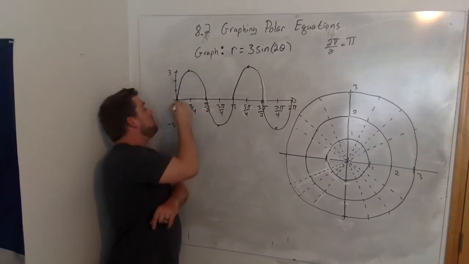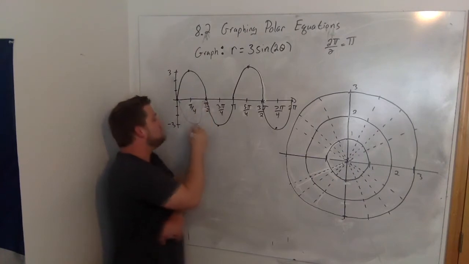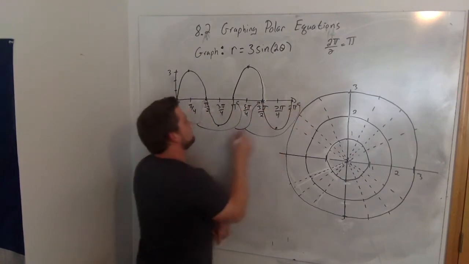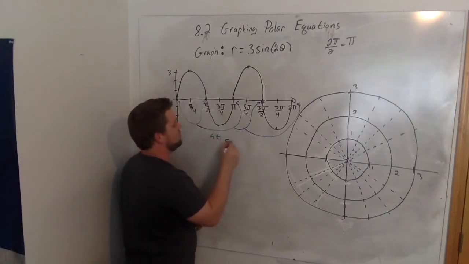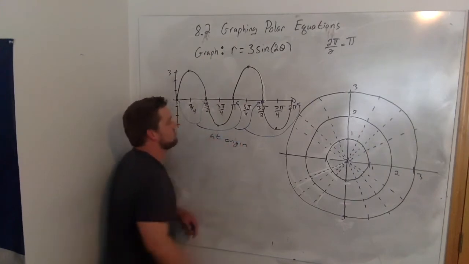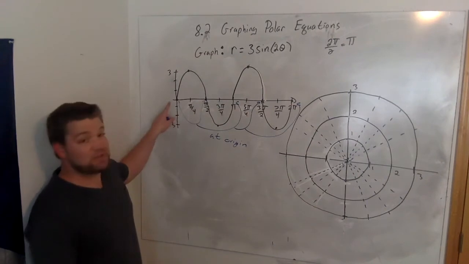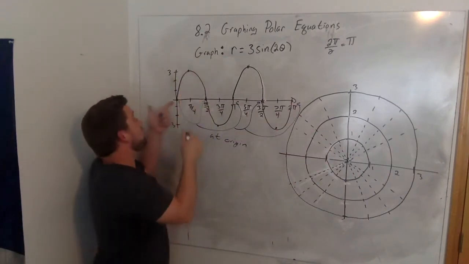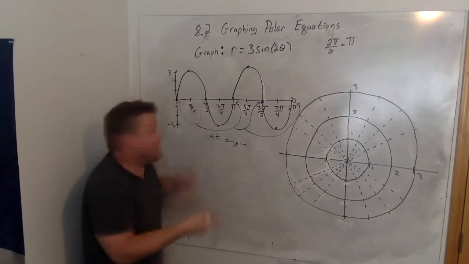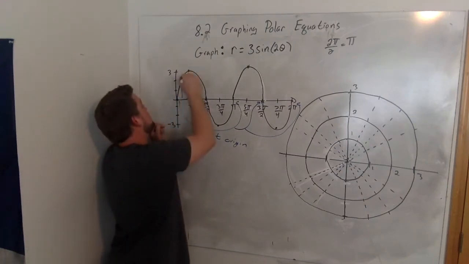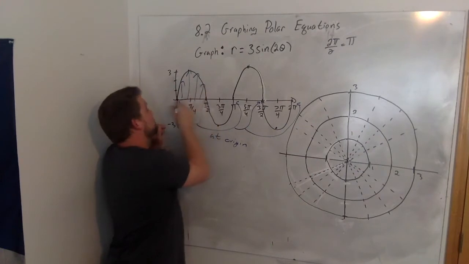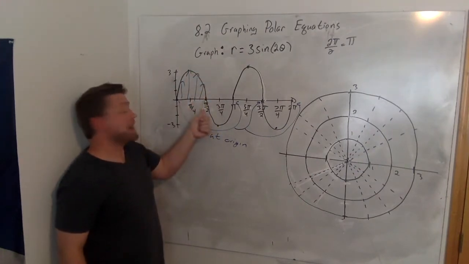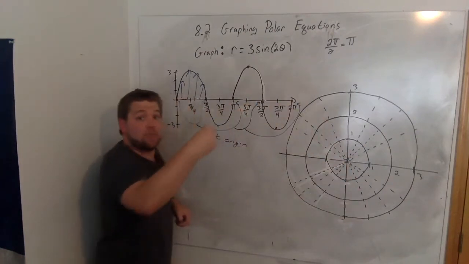All of these locations are where the graph is at the origin. That's when the radius is 0. So when we sweep out an angle between 0 radians and pi over 2 radians, what is the radius doing? It's going to start at 0, get bigger, and then go back down to 0. Within 0 and pi over 2, the radius is going to go out and come back in.